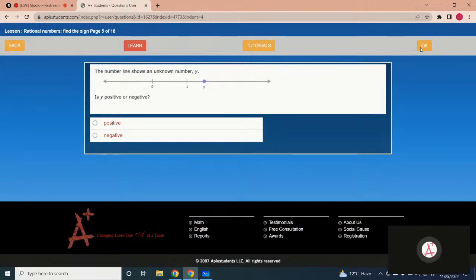Okay, the number line shows an unknown number y. Is y positive or negative? Yes, it is positive. Got it?